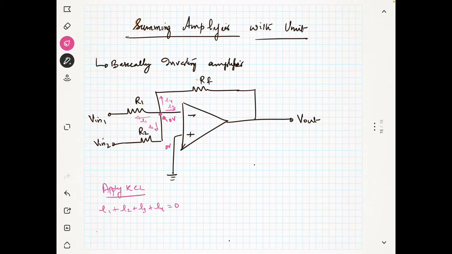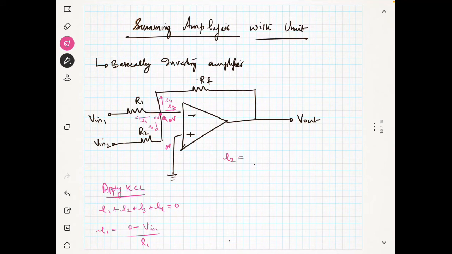And what is our I1? I1 is nothing but, this voltage is 0 volt, I told you, so 0 minus V in 1 divided by R1. If V in was positive, you will get the magnitude of I1 as negative. That means the actual direction of I1 is opposite to your assumption, but that doesn't matter. And what is I2?